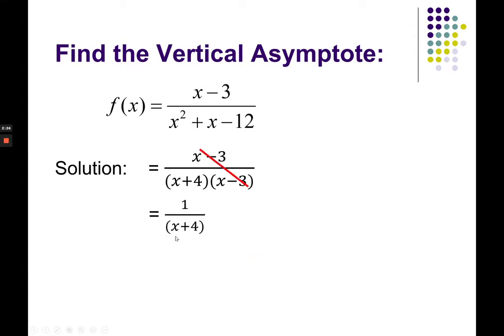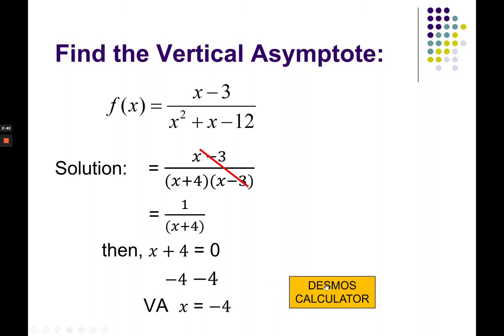Therefore, x plus 4 will be your only basis for the vertical asymptote. Take x plus 4, equate to 0. Subtract both sides by 4 and you find the location of your vertical asymptote at x equals negative 4.